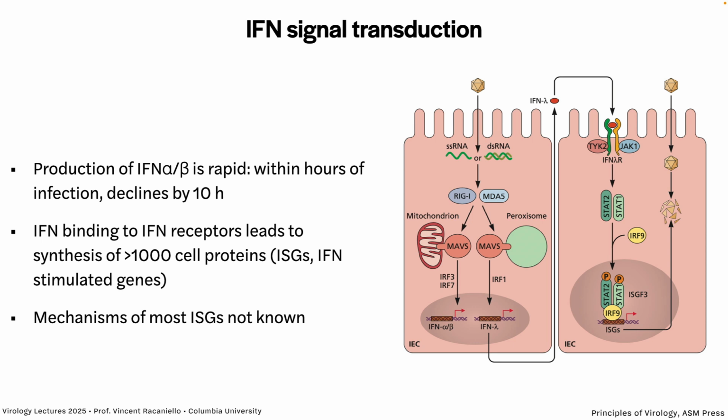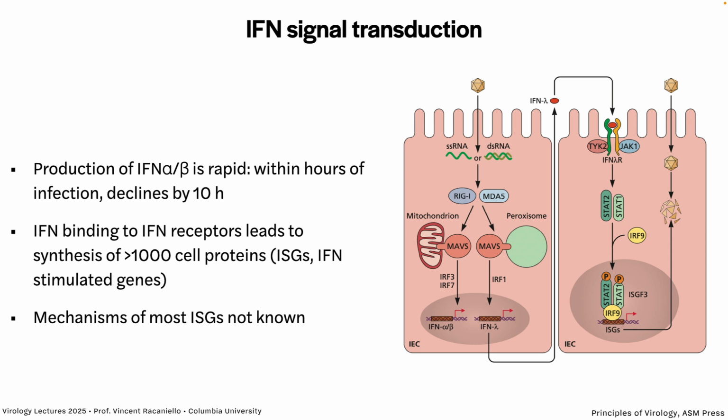This interaction of interferon with its receptor also initiates a signaling pathway, which turns on transcription of what are called ISGs, interferon-stimulated genes. So there are like thousands of them, and they do different things in different tissues. Most of them we don't understand how they're working, in fact. So those are the interferon-stimulated genes, over 1,000 cell proteins, and those have antiviral activity.